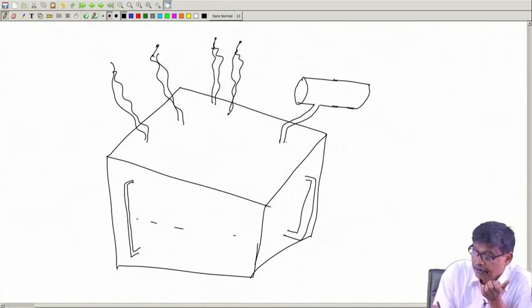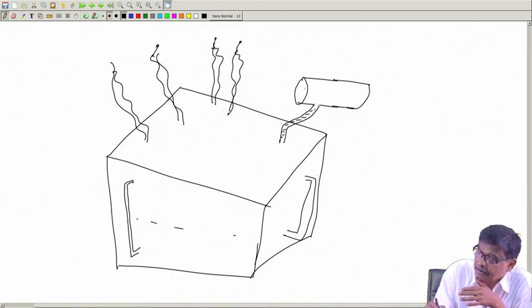When you fill it up with oil, oil will also rise here, it will fill the tank, then it will go up here because there is a connection through piping. This is called the conservator tank, very interesting, the conservator tank.